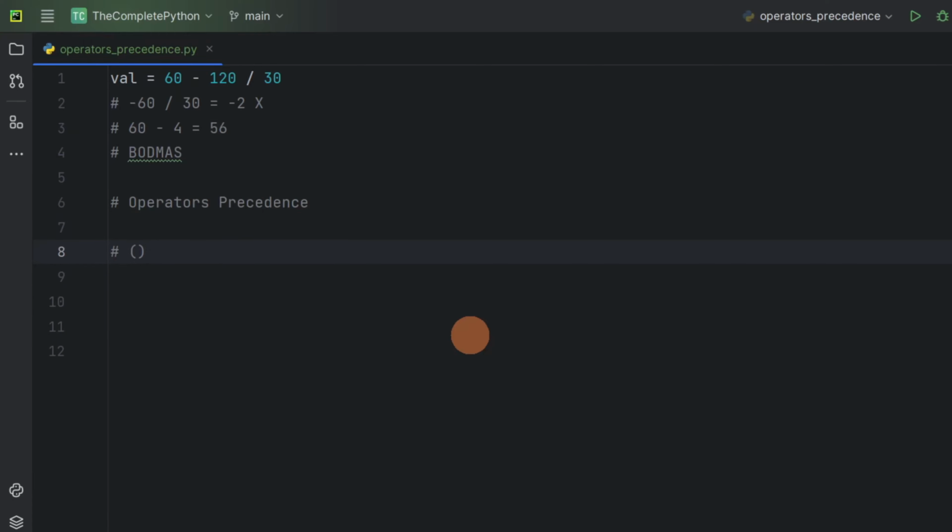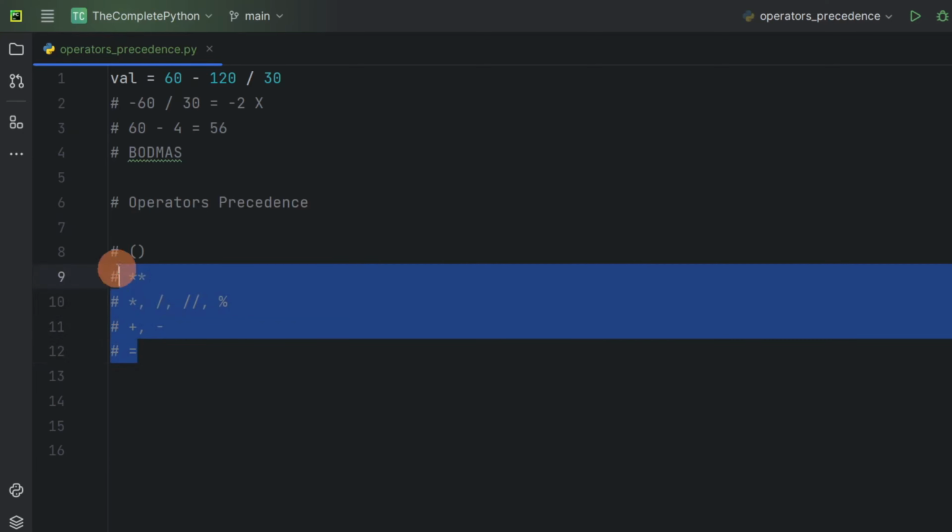Parenthesis has higher precedence than any other operator. Then we have the power operator. Then we have multiplication, division, floor division, and modulo operators. Then we have addition and subtraction operators, and finally we have the assignment operator.